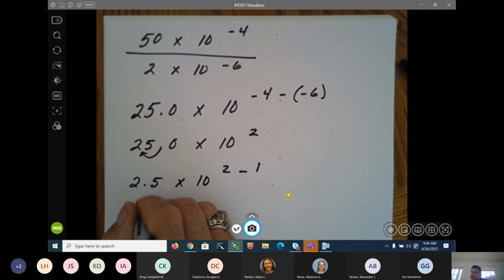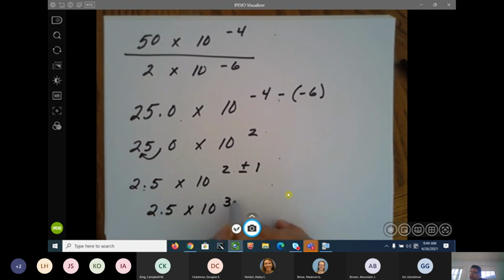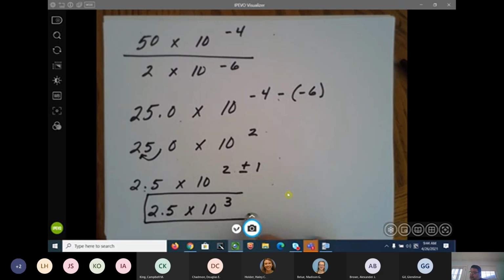Which way do we move this decimal in our head to get it where we were? To the right. 2.5 times 10 to the third power, which in real numbers is 1, 2, 3, 2,500.